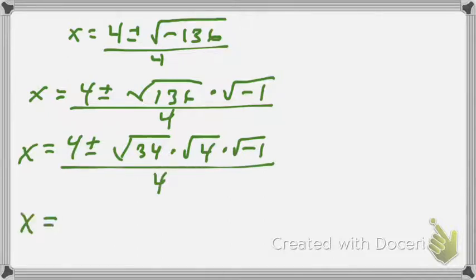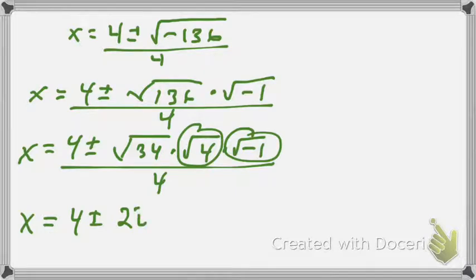So x equals 4 plus or minus. The square root of 4 here, that's going to be 2. And then the square root of negative 1 is i. And then the square root of 34 cannot be simplified any further than that.